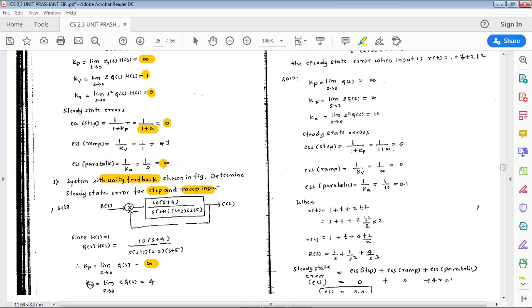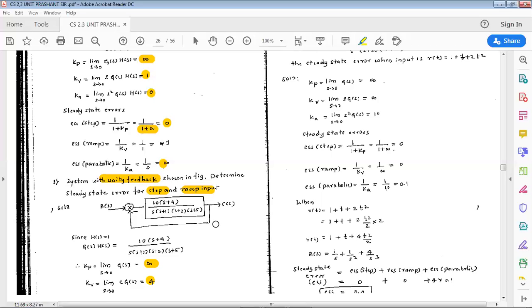If you want to find Kv, limit s tends to 0, s into G of s, this s and that s will cancel. Substitute 0 here, 10 into 4 whole divided by 1 into 2 into 5, meaning 40 divided by 10, which results in 4 as the answer. So now we have found Kp and Kv.